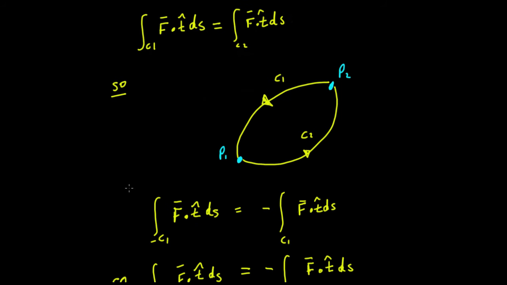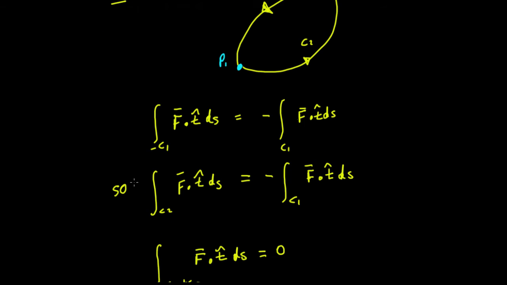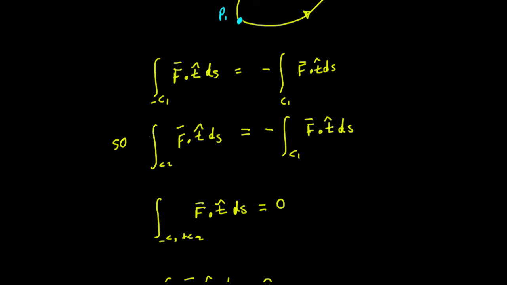So using just basic calculus, if we were to change the direction of C1, so the path now pointed from P2 to P1, then minus C1 just means the path, rather than going from P1 to P2, goes from P2 to P1. We can take that minus sign out and just leave it with C1. It's the same as minus the integral over C1 of f dot t ds. So we can then write the integral over the path C2 is equal to minus the integral over the path C1.